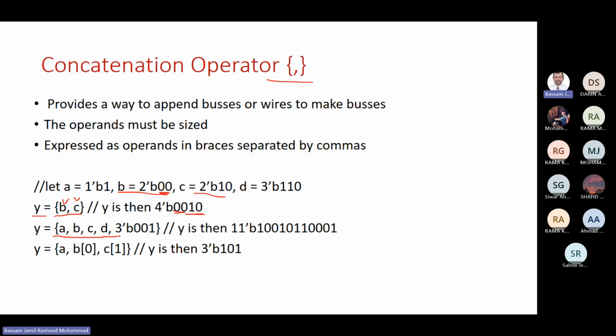How about here? Add A, B, C, and these 3 bits. Give me A, which is 1 bit. This is the A. And B, here is the B, 2 zeros. And C, 1 0. This is the C. And I need a D, which is 1 1 0.